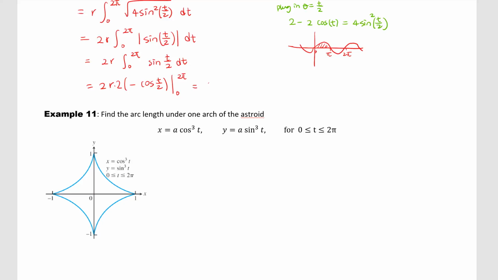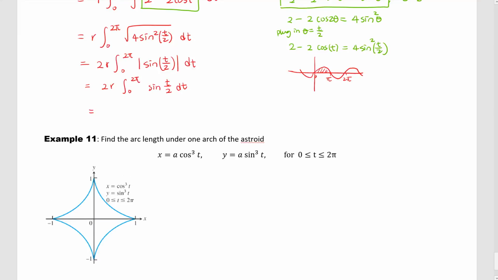Okay, so now we plug in 2 pi. So when we plug in 2 pi, what do we get? So we have 4r.